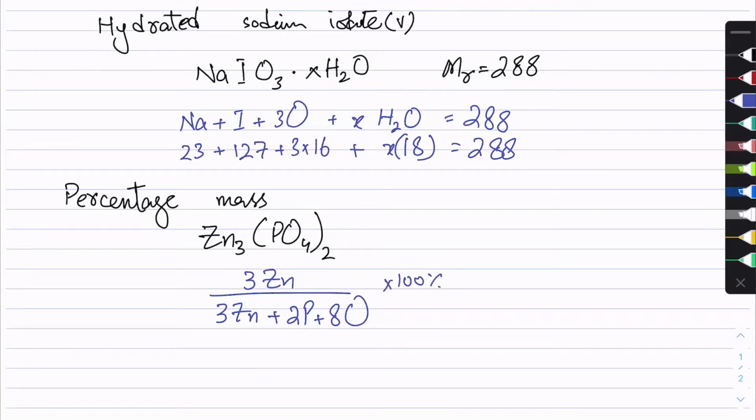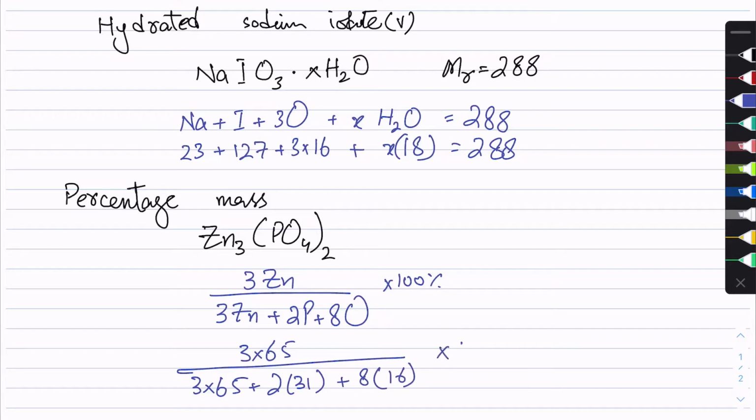I'll need the periodic table again. So zinc is 65. So 3 times 65 over 3 times 65 plus 2 times phosphorus is 31. And oxygen is 16 times 100%. So that will obviously give me a value. So this is the percentage of zinc in this particular compound.